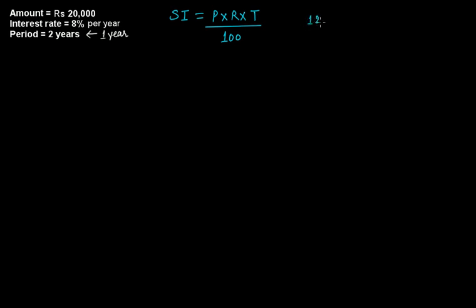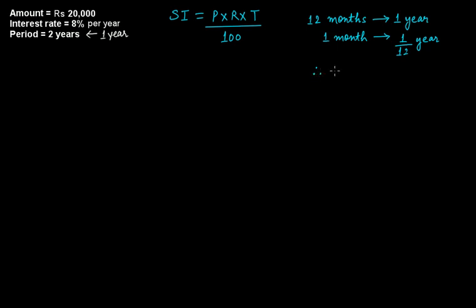Now tell me, if 12 months is equal to 1 year, then 1 month is equal to 1 by 12 year.